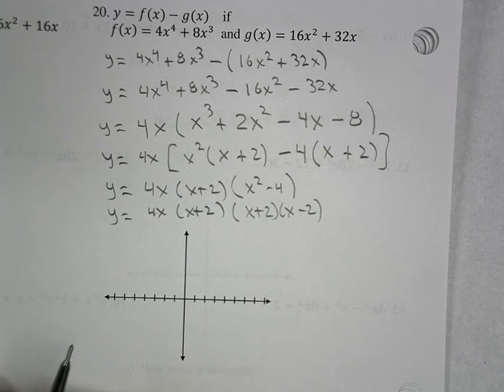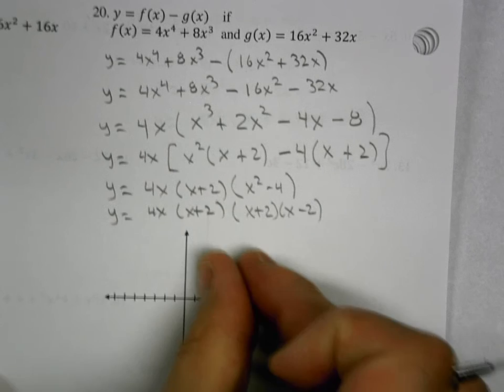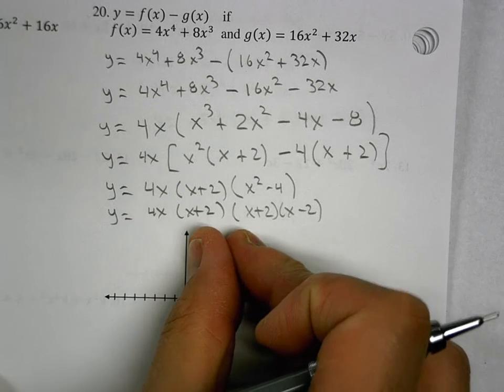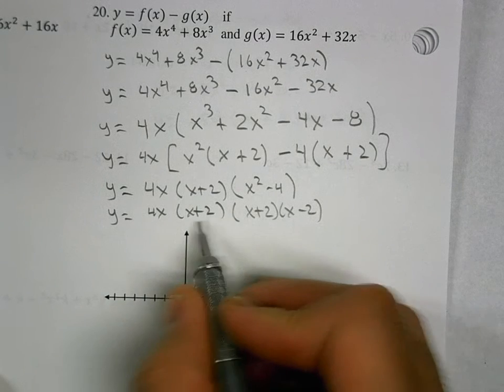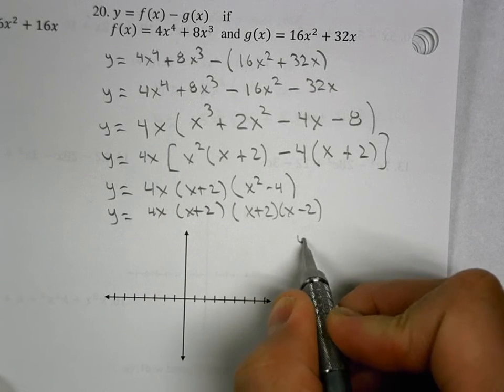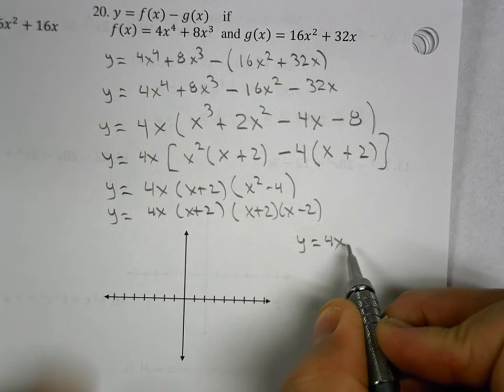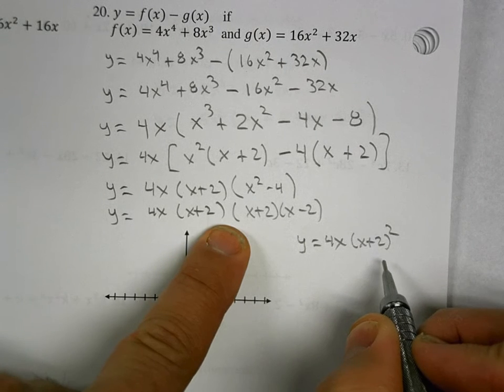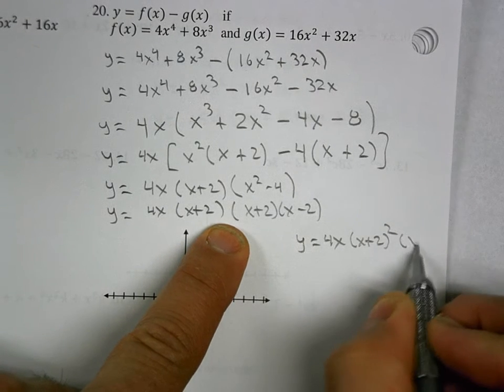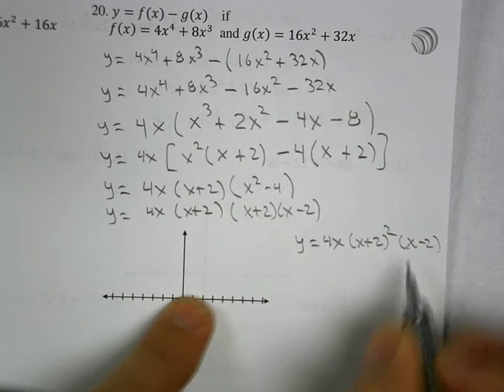No. What do we do? There you go. There's 2 of those. So I'm going to put that together. Let's call that squared, the x plus 2 squared. All right, so y equals 4x times x plus 2, but they're squared, so we know it bounces at -2. And then x minus 2. Let's copy that. Okay, this is completely factored.